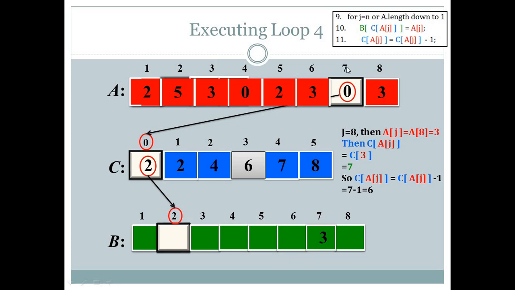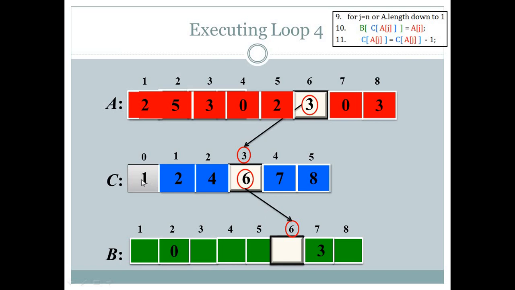So at 7 what is the value? 0. So at index 0 what is the value? 2. So at the second index of the B array we will store this 0. So we will put this 0 here and decrease this 2 by 1. So our resultant array will be 0 and 3, and here 1 and 6.